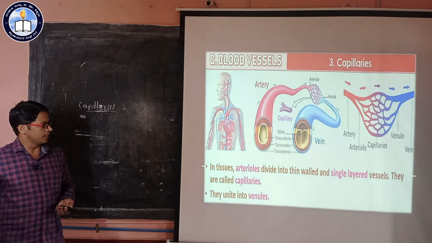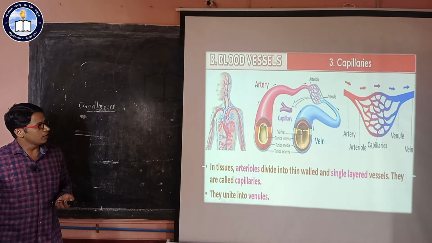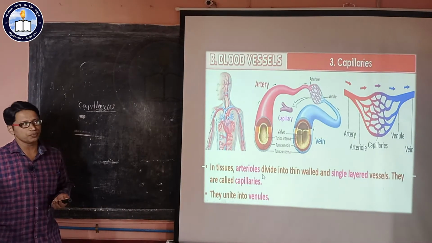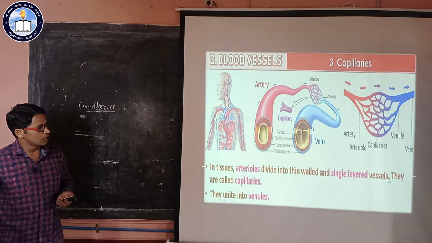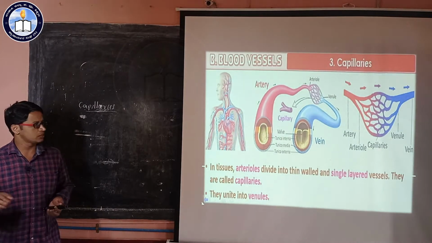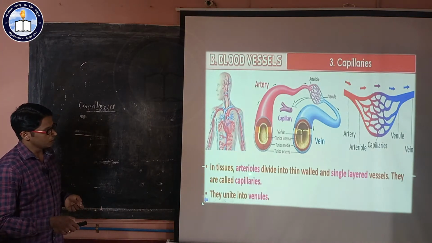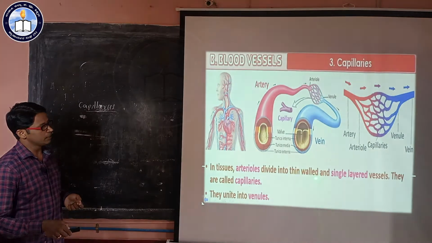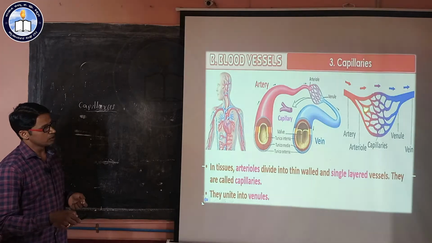ಹಾಗಾದ್ರೆ capillary ಅಂದ್ರೆ ಏನು? In tissues, arterioles are divided into thin walled, single layered vessel like structures. ಇಲ್ಲಿ ಕಾಣಿಸ್ತಾ ಇದೆ, these are the vessel like structures.